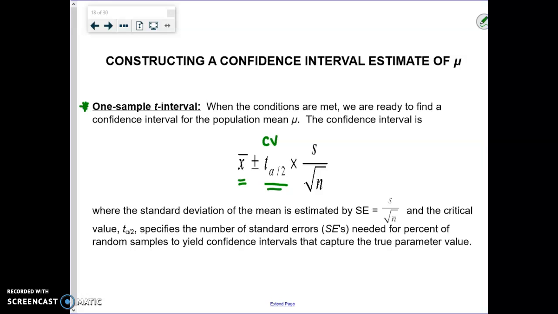We're going to multiply that times our standard error, which, again, is the sample standard deviation divided by the square root of the sample size. That should give us our lower limit and our upper confidence limit and create an interval for which we feel the population mean falls between.